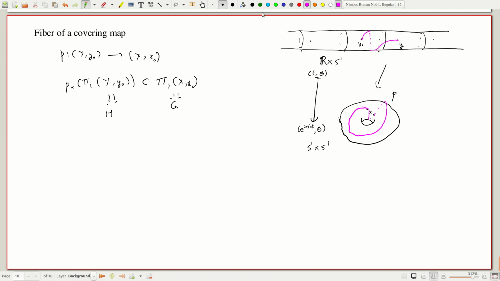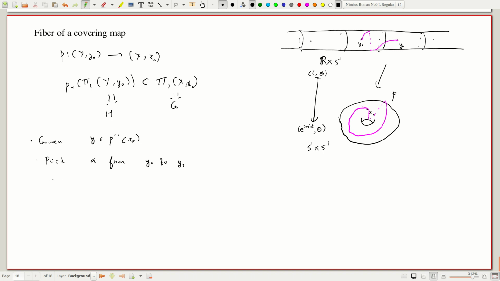Okay, so the fiber can be defined in the following way. Suppose we are given y inside p inverse of, let's say, x0, the base fiber. Then we pick, let's call it alpha, a path from y0 to y.